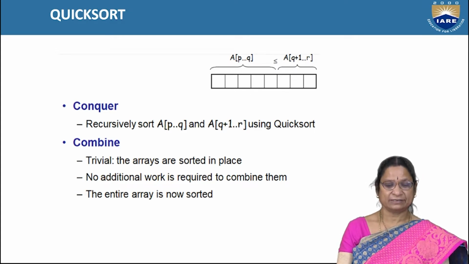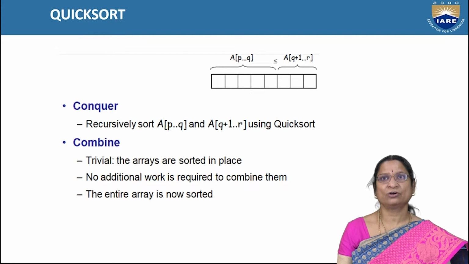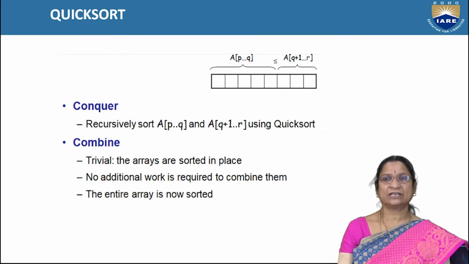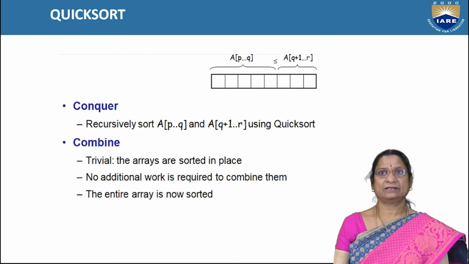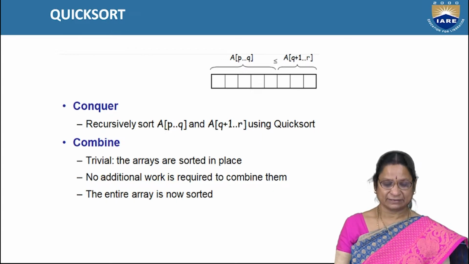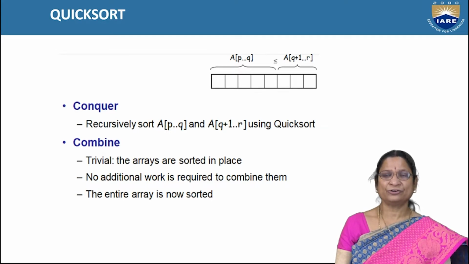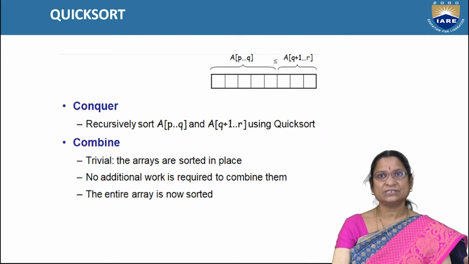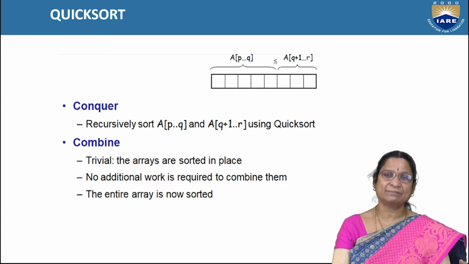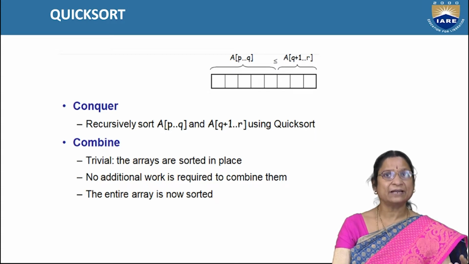So the conquer step is over, that is, recursively sorting, and next is combine. Combining the elements is trivial: the array is sorted in place. Since each element is sorted, the elements are all in their correct positions, so trivially it is sorted.